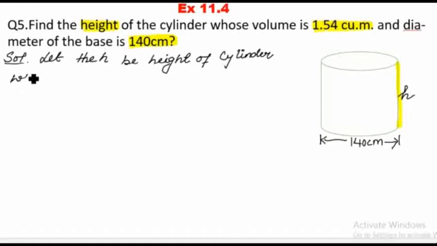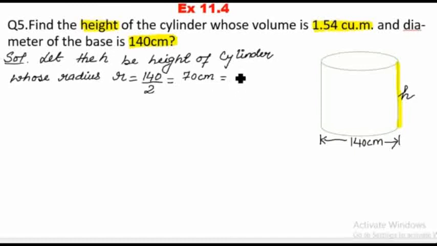Whose radius r is equal to 140 divided by 2, since this is the base and this is the diameter, so radius is equal to 70 centimeter.